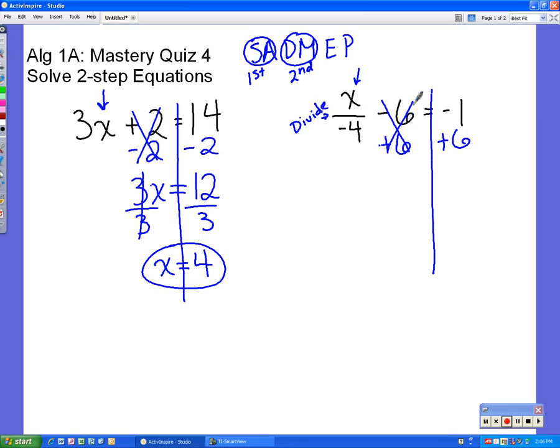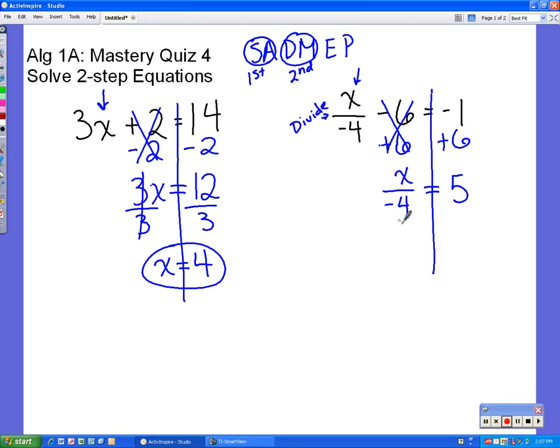So I can cross this out, which means all I have left on the left side of my equal sign is x divided by negative 4. Carry down my equal sign on my line. On this side, I have negative 1 plus 6. So negative 1 plus 6 is equal to positive 5. And I write a 5 on the right.